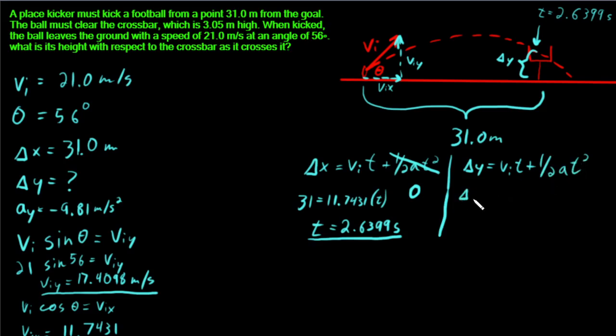So I'm going to say delta y equals VI, which is 17.4098, and I'm not going to write that, I'm just going to represent it there, times t, which is going to be 2.6399, plus 1/2 times negative 9.81 times t again, which is going to be 2 point and some change.